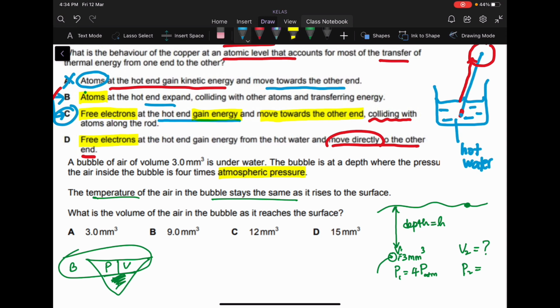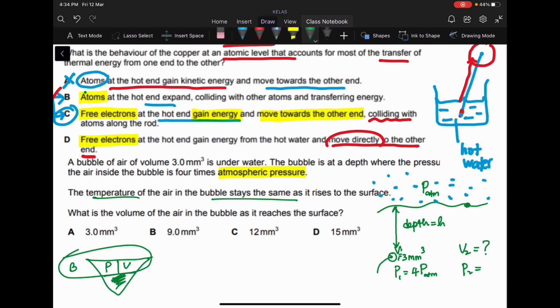So where is the atmosphere? Here. These are gas, air. So air here has the pressure. I use the symbol PATM to represent the value of the pressure of the atmosphere at the surface, above the water.